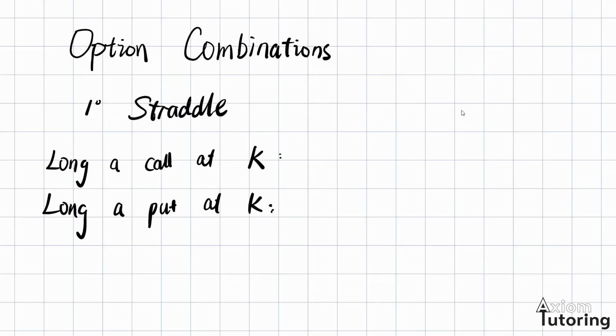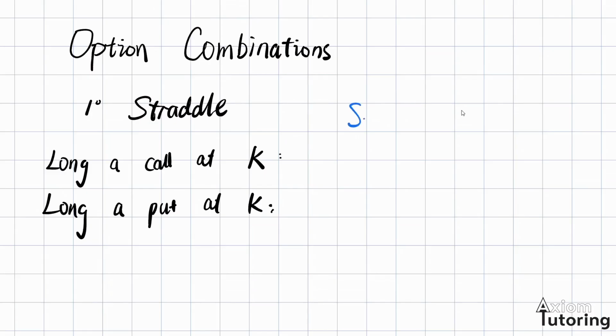It's simply combining one call option and one put option at the same strike price, and we go long in both options. Let's take a look at the payoff for these options. We have already seen that for a call option, you will never exercise it if the underlying price, or ST, is lower than your strike price.